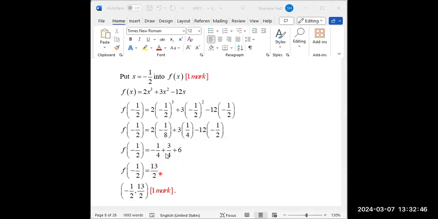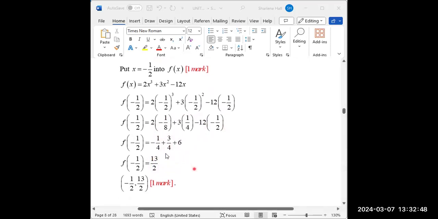What I want you to do is grab your calculators now and work this to see if you get the same 13/2. I know some of you are having a challenge working your calculators, so I'm asking you to do it because I want to ensure that you know what to do. So go ahead and do that for me, please. Work that for me to see if you get the 13/2.